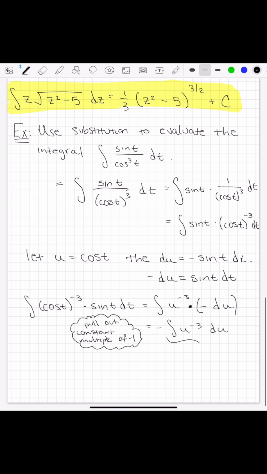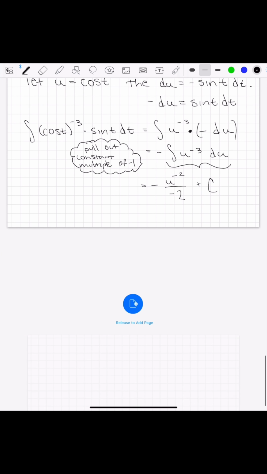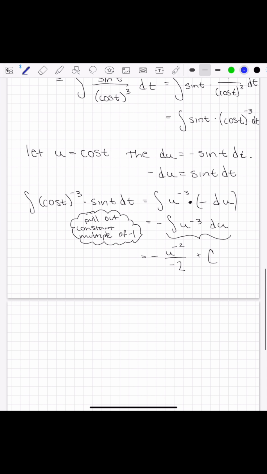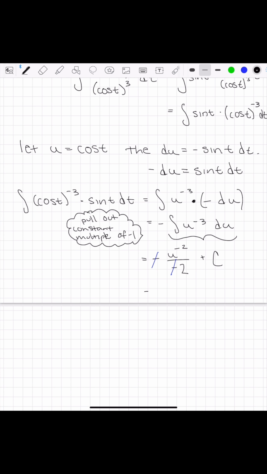And now I'm able to just integrate this with respect to u, using the power rule. So I add 1 to the exponent, so -3 plus 1, that's -2, and I divide by the new exponent, which is -2, and then I have my plus c. Then notice, a negative times a negative becomes positive, so this is u to the -2 over 2 plus c.